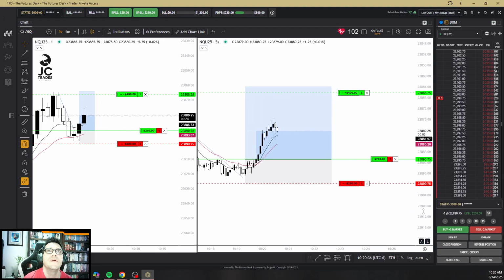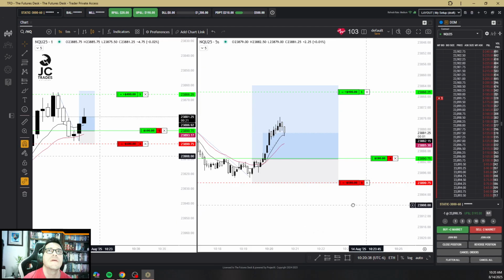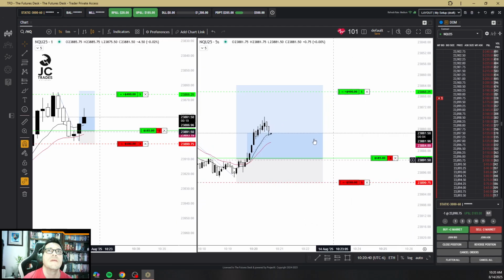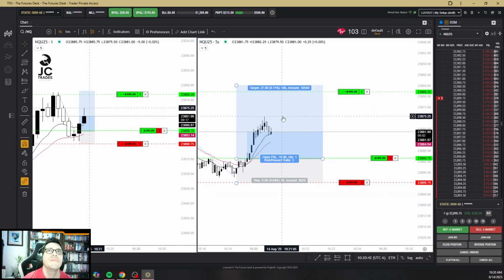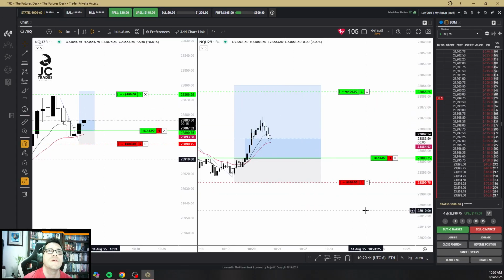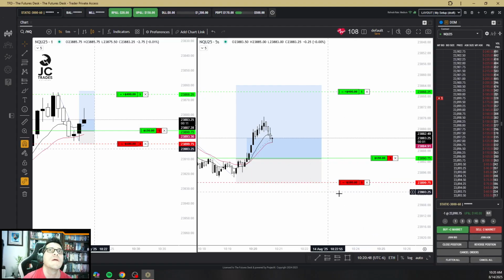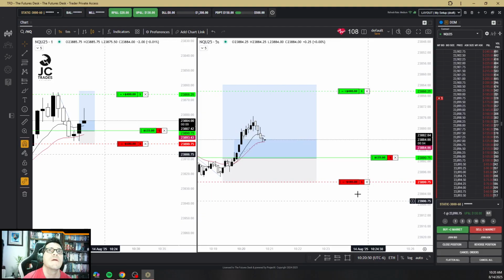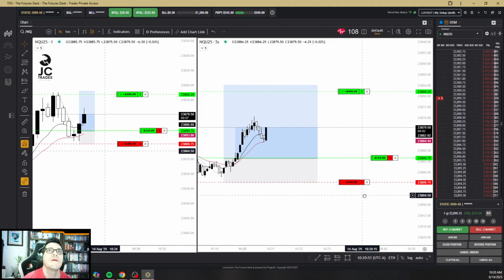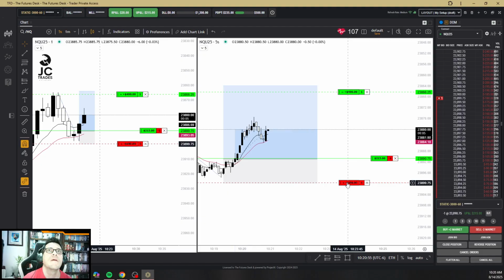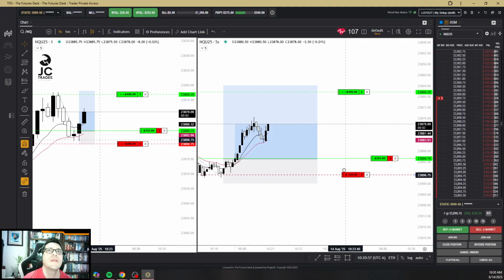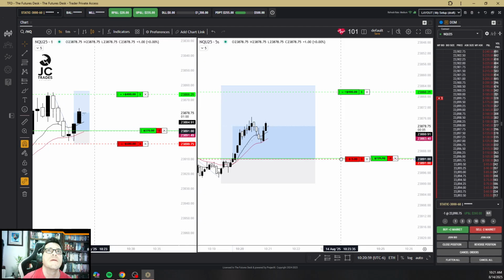So at this point, if we see price moving above this high, we could certainly move our stop to break even. So we're kind of getting there. So now we're gonna move the stop to break even.